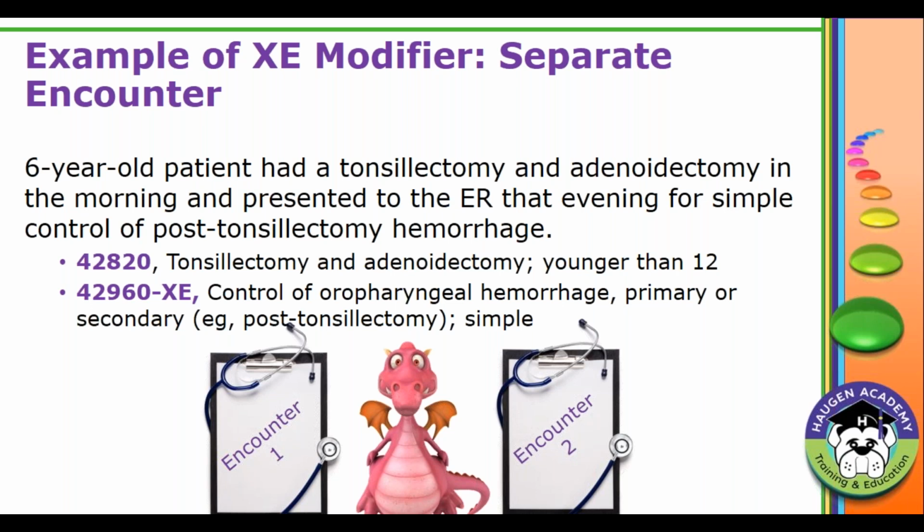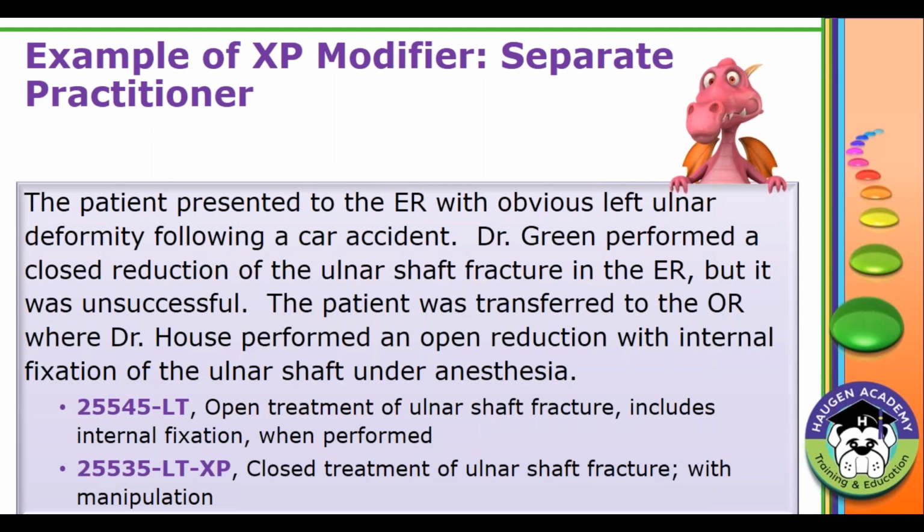The example given here is a 6-year-old with a tonsillectomy who comes back into the ER that evening for control of post-tonsillectomy hemorrhage. These claims will be combined into a single outpatient encounter when it goes to be billed, and it will shoot something back at you that says that control of hemorrhage is bundled. And so we have the XE to show that it was a separate encounter.